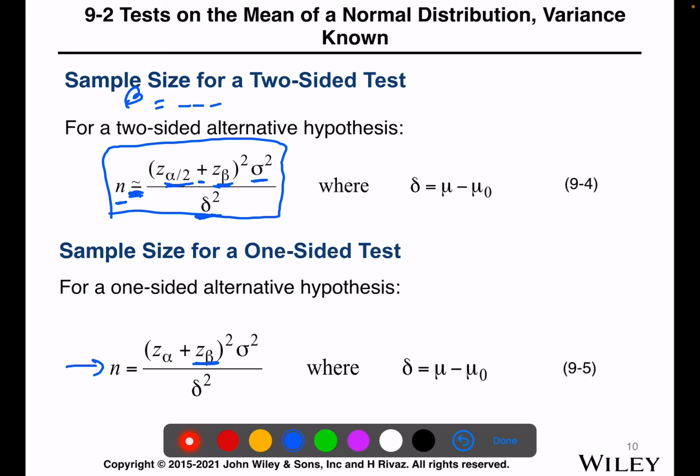Right, because when you told us how to calculate Z beta, you showed us the equation that had the square root of n. So if we had calculated based on a different n. So, yeah, I see your question.